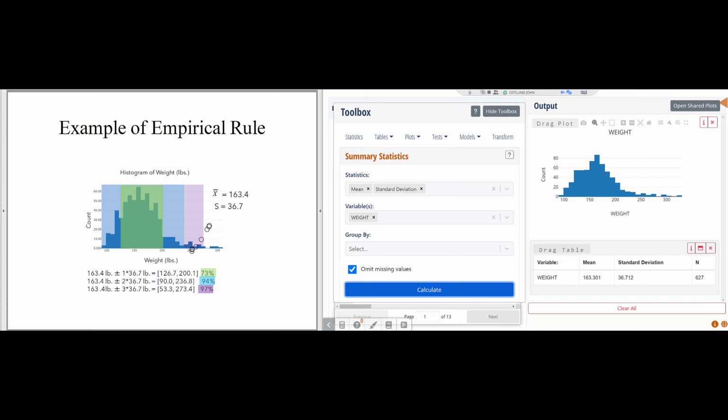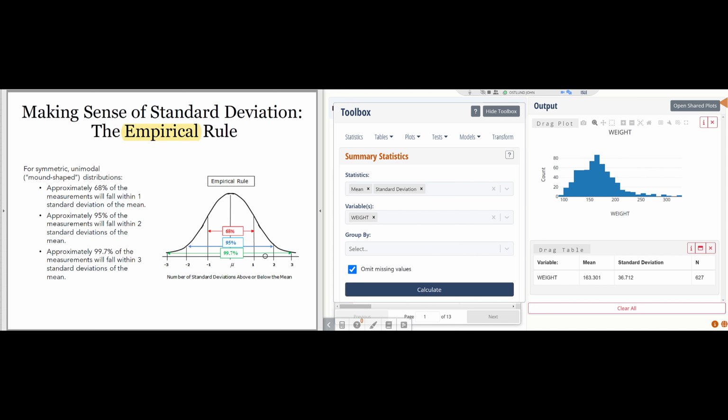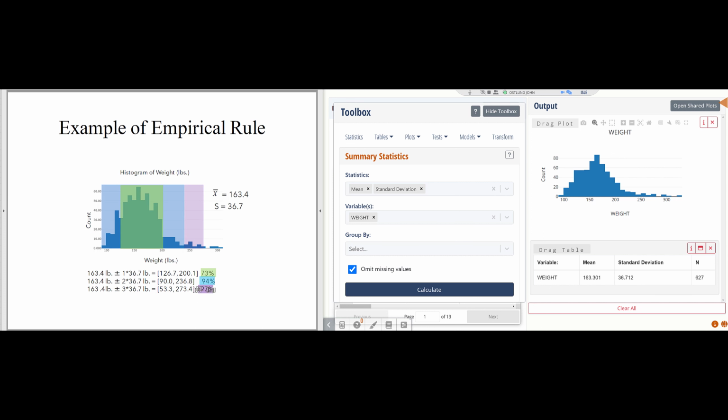And then 3 standard deviations ought to be 99.7%. We don't quite have 99.7% here, but 97% is still what we might call most of the values. All right, so again, this is just an example illustrating the idea that almost all of the data will fall within 3 standard deviations above and below the mean.